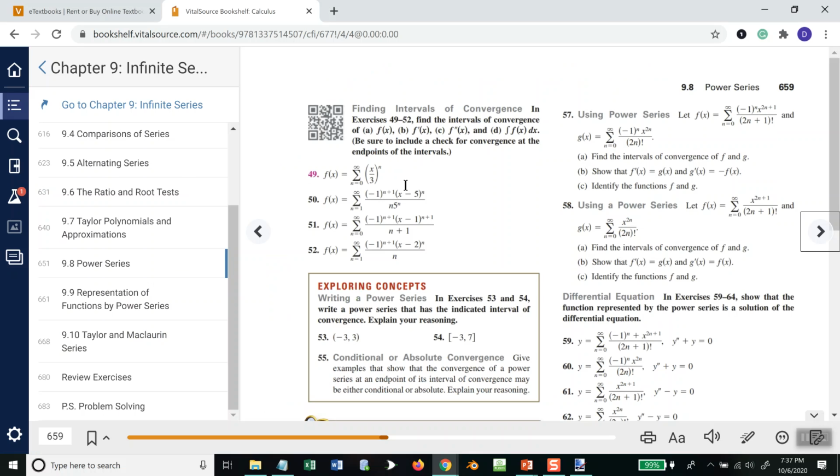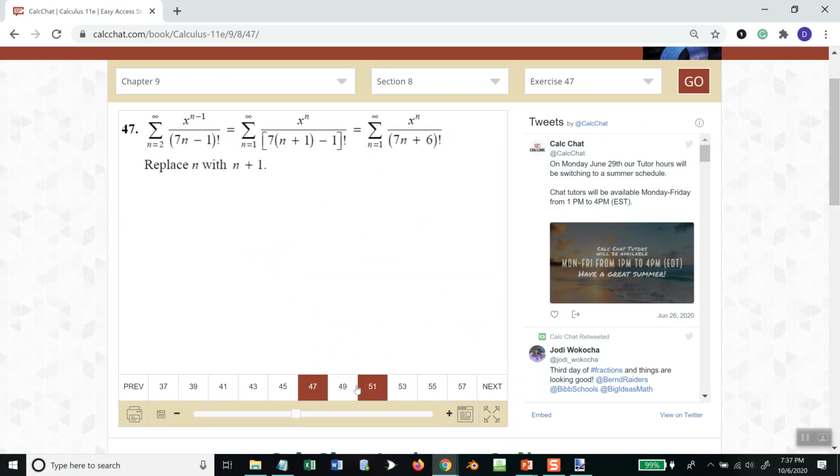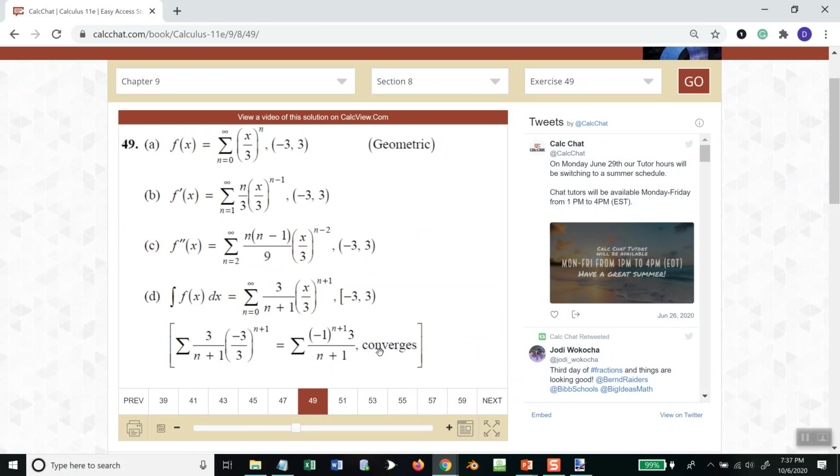So, on number 49, for example, here's our original function with our series in there. And see how it went from 0, we took first derivative, and it changed to n equals 1. That's it. And then I go from the first derivative to the second derivative, and it changes to n equals 2. Okay, so we're right on track there.